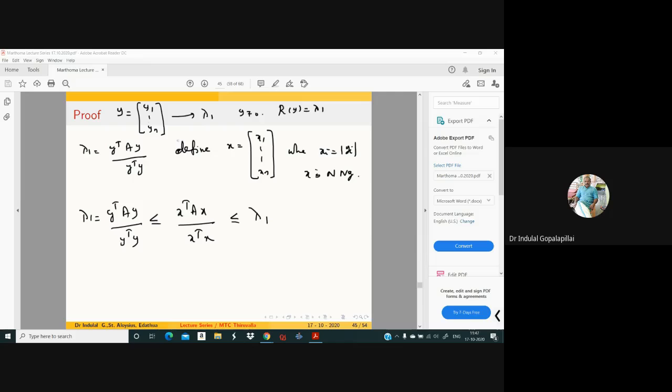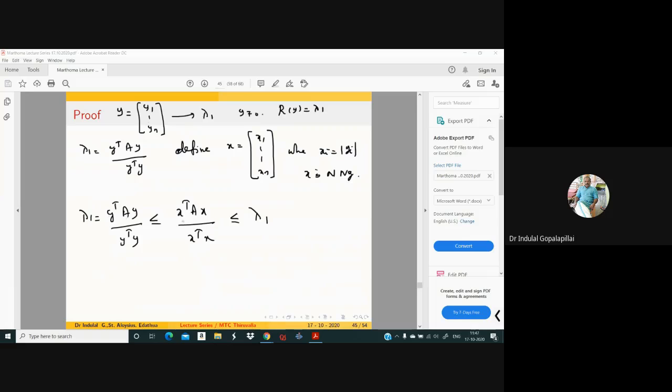So clear? We take y as an eigenvector corresponding to lambda 1. So the Rayleigh quotient corresponding to y is lambda 1 itself. So lambda 1 is equal to y transpose Ay by y transpose y. Now x is a newly defined vector with xi equal to modulus of yi.